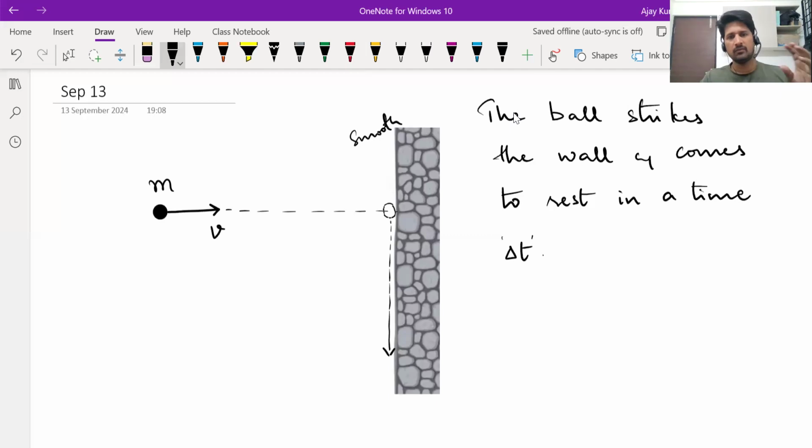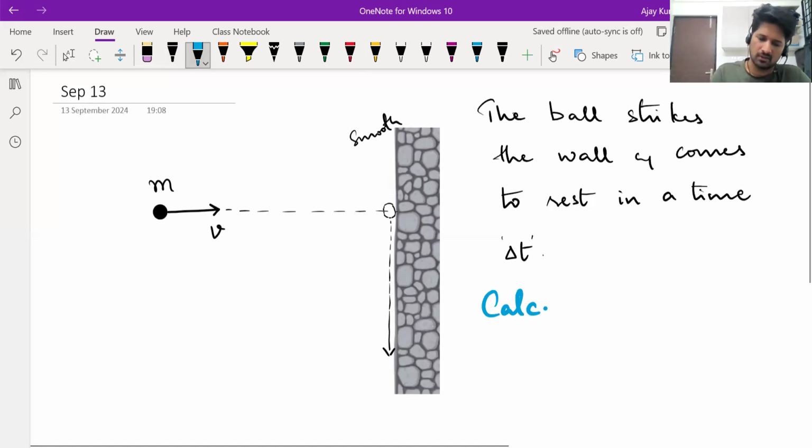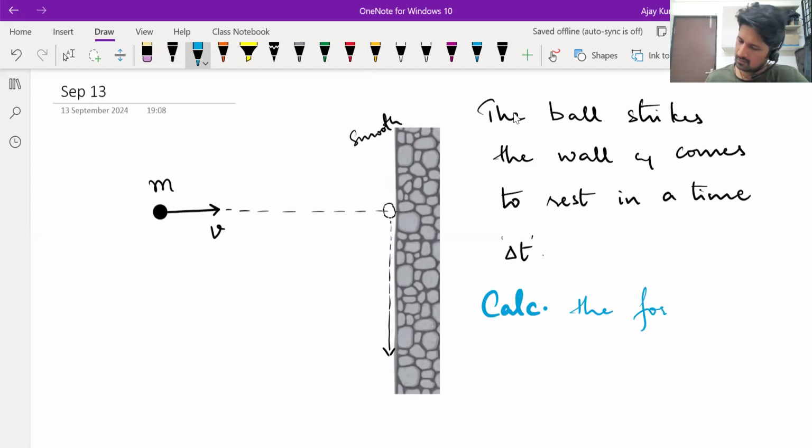Now when the ball goes and hits the wall, definitely the wall will experience some force. The ball also experiences that force. I want you all to find out, calculate or derive the force exerted by the ball on the wall.